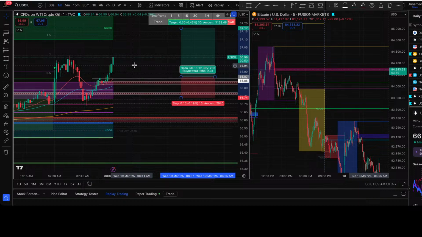Now let's see how fast this thing moves, because ideally we'd want to be out of here as quickly as possible.